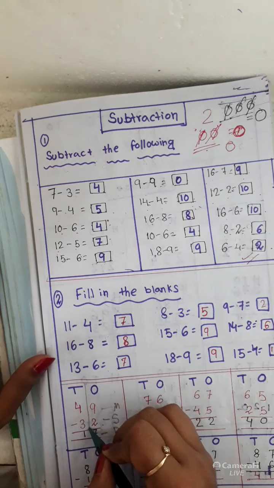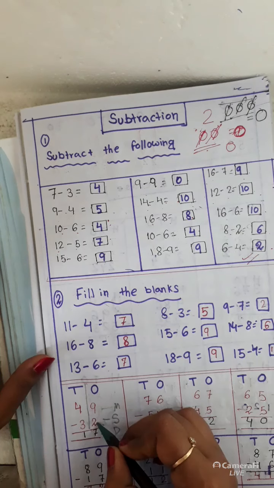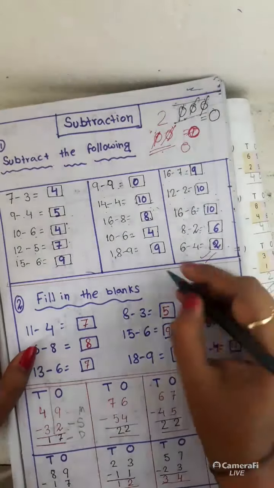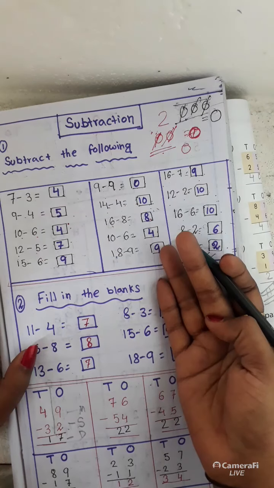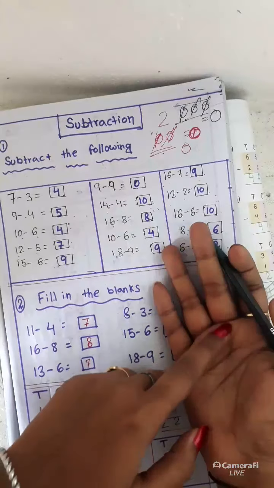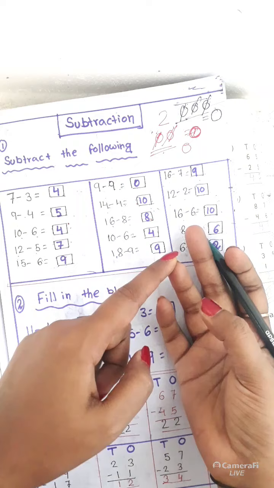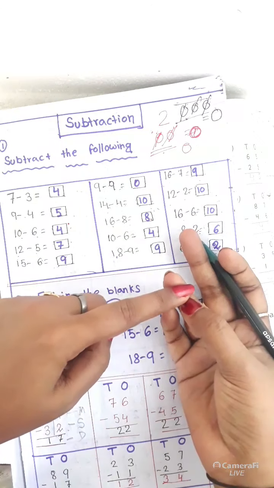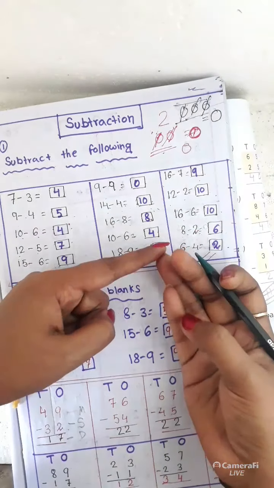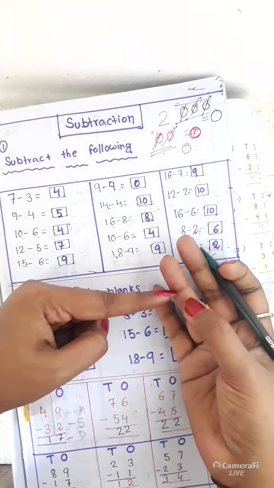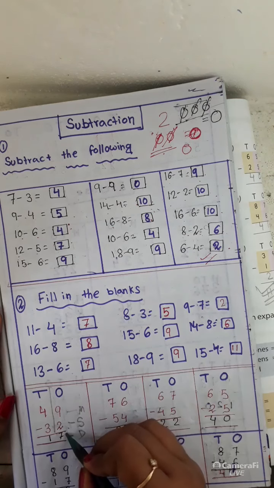Now 9 minus 2. 1, 2, 3, 4, 5, 6, 7, 8 and 9. Minus 2, 1, 2. So now I need to count from here to here because we have subtracted 2. 1, 2, 3, 4, 5, 6 and 7. So 9 minus 2 is 7.